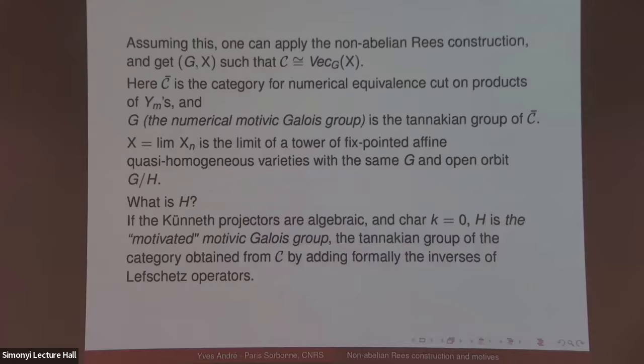Then, if one assumes this, on our category C, one can apply the non-abelian Rees construction and one gets G and X, such that C, which is also commutative and satisfies the so-called sign conjecture, can always be viewed as a category of G-equivariant vector bundles on some X. This is the O'Sullivan construction.